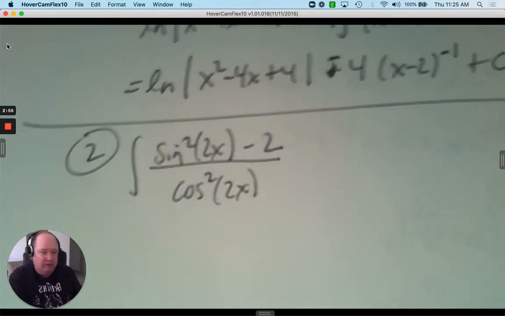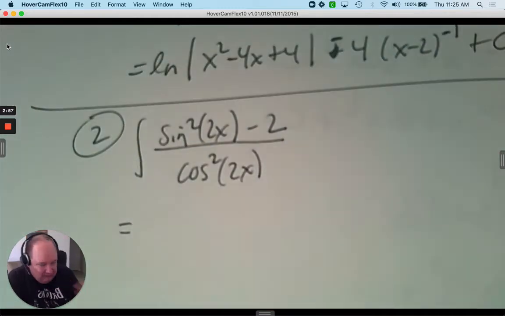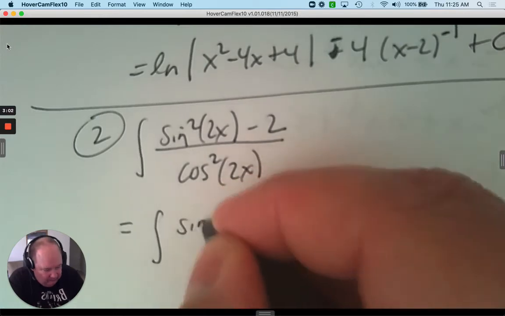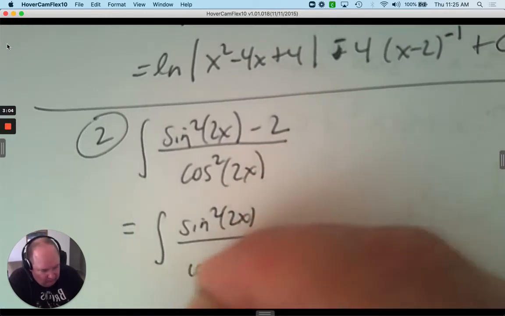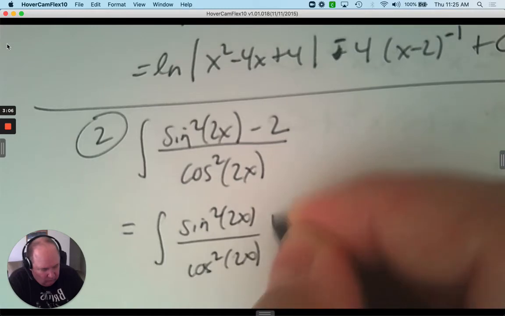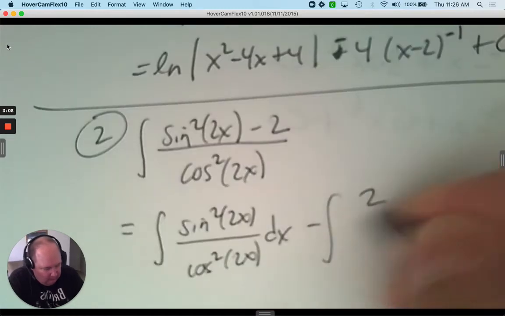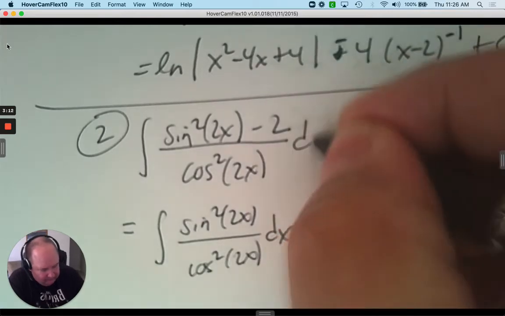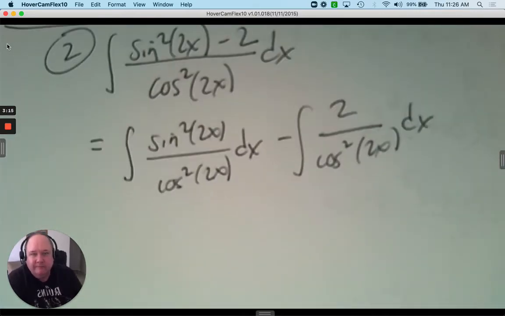So let's do what it says. Can we separate this into two fractions? So sine squared 2x over cosine squared 2x, there's 1. And then the second one is 2 over cosine squared 2x. All right, now what direction would we go?